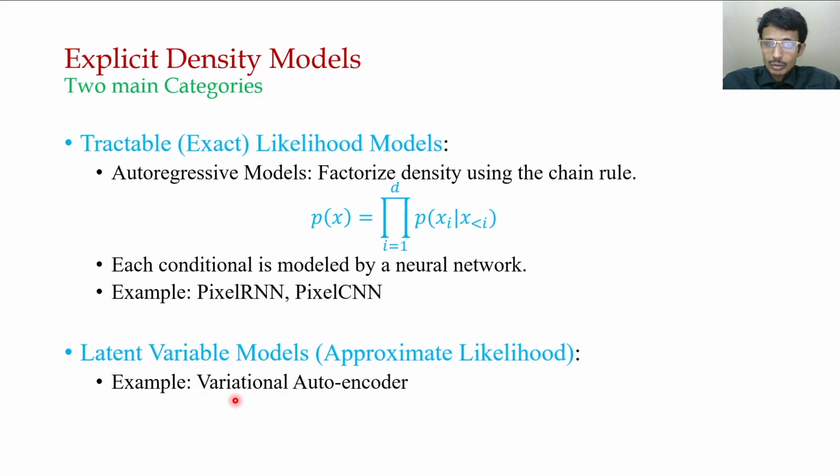So in variational autoencoder, what generally we do? In normal autoencoder, our latent space, after encoding, is generally just values.